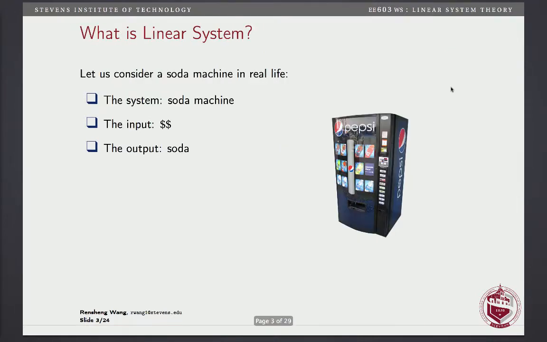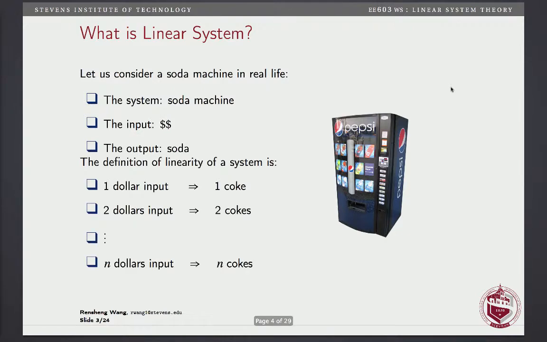Let's first think about what a linear system is. Let's consider a soda machine in real life, because a soda machine is a real concrete system. For this system, the input is the cash you put in, and the output is the soda that pops out. So a soda machine basically is a linear system. Why?